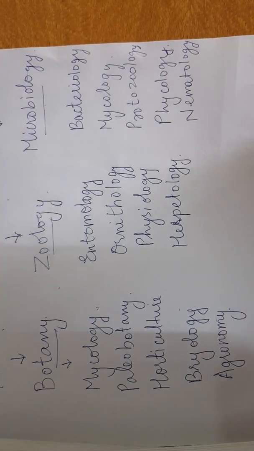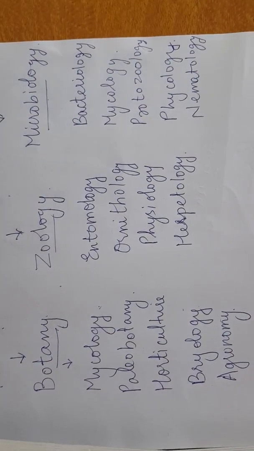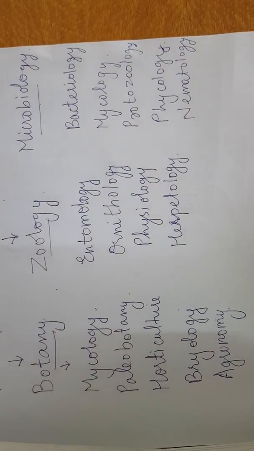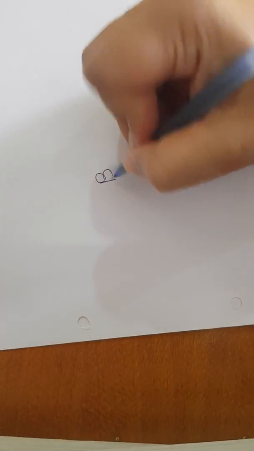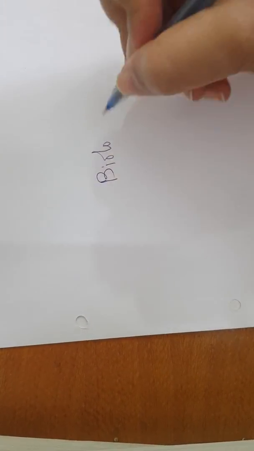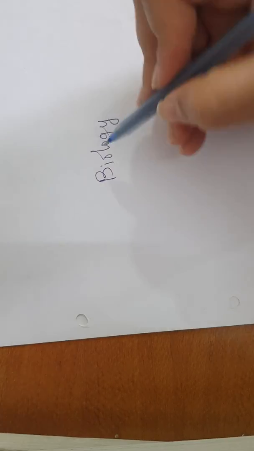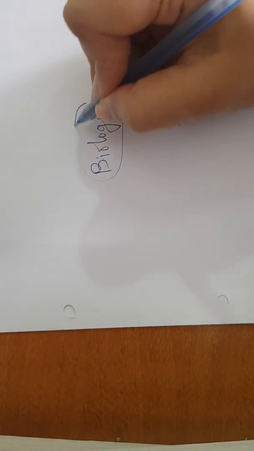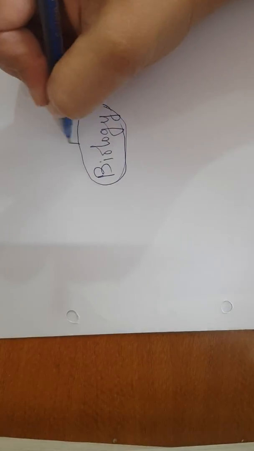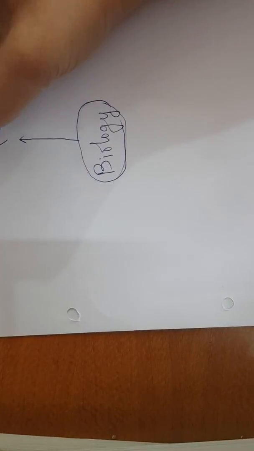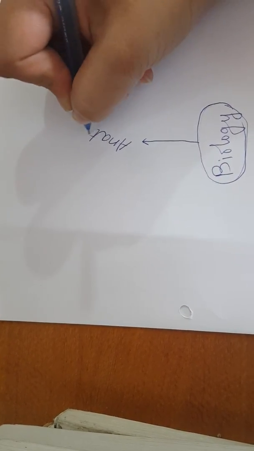And then we have a few applied sciences, or a few sciences that are common to all the different terms related here. Now coming to the common branches of biology, which are common to botany, zoology, or microbiology. Here we would be having anatomy.